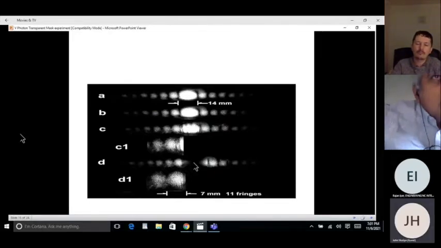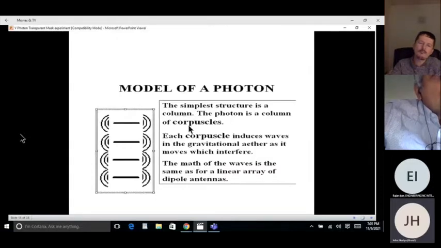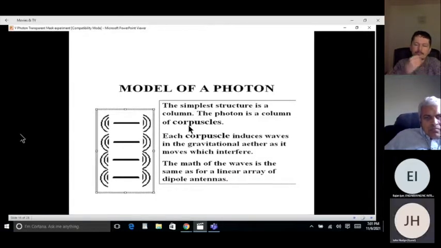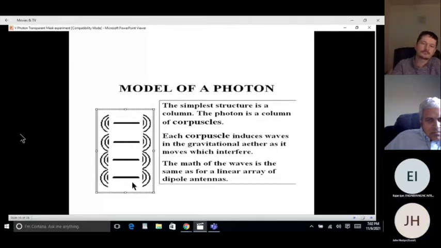The model that we suggest is that corpuscles are the smallest minimum mass in our universe, and that a photon is a column of these corpuscles. Here you see the column. The energy of the photon is the number of corpuscles in the photon.